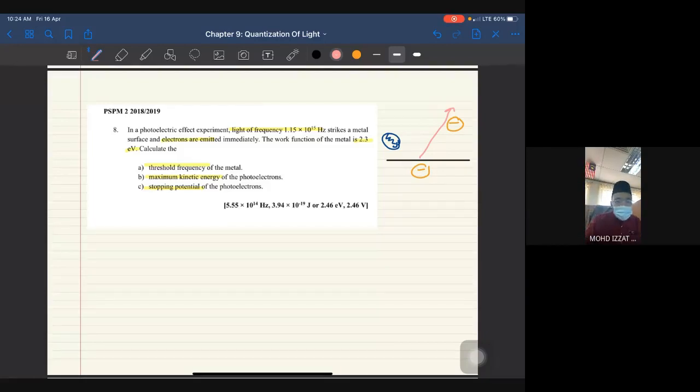Okay, so draw the diagram first. Once you draw, I assume you have drawn it. Light frequency 1.15 times 10 to the power of 15, that represents the value of what? If you want to write a symbol, what would the symbol be?